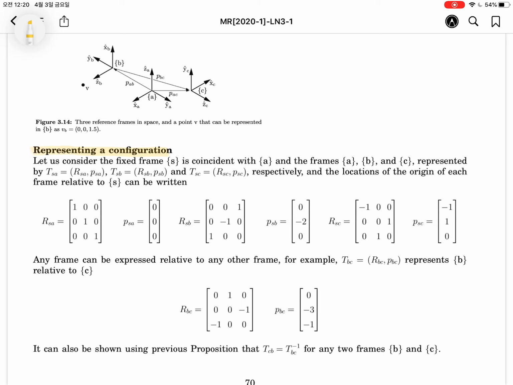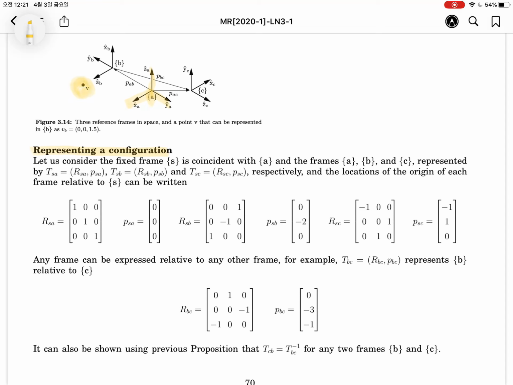Let's assume that we have the physical point V here. In order to describe the position of V, we will attach the coordinate frame like this, x and y and z. It can be used as a fixed coordinate to describe another one. At that time we can define the point V.